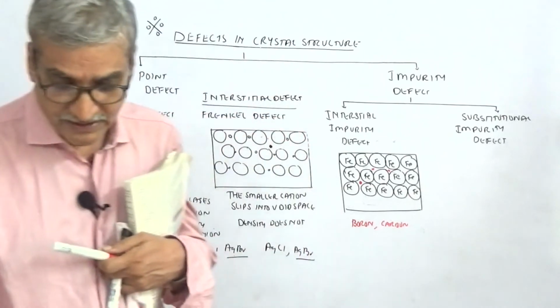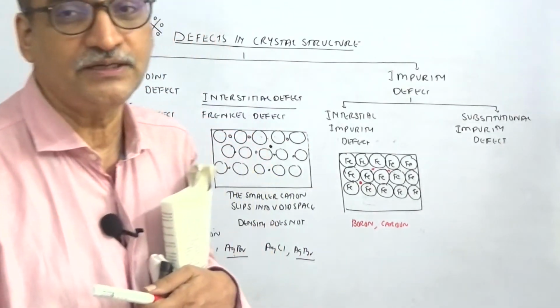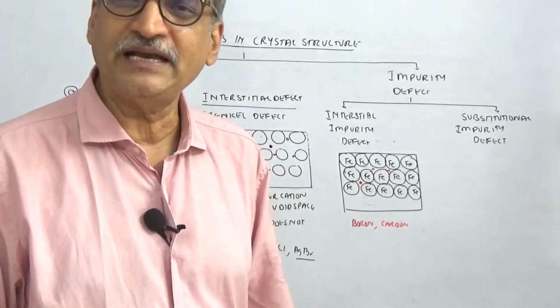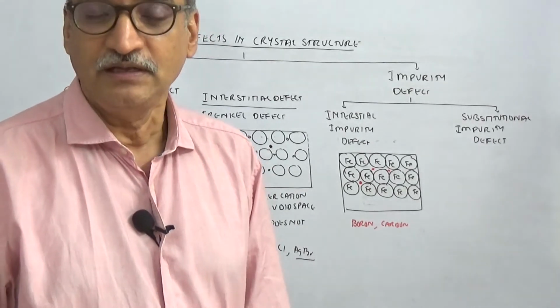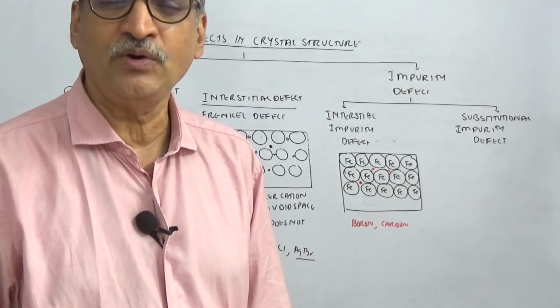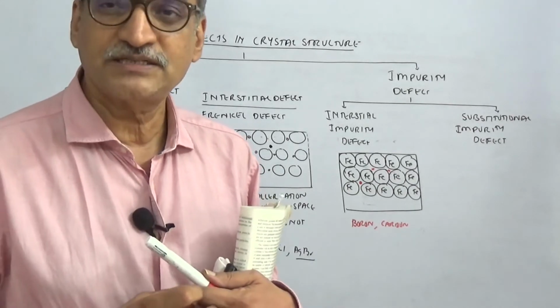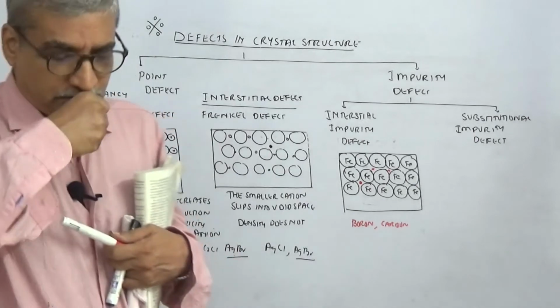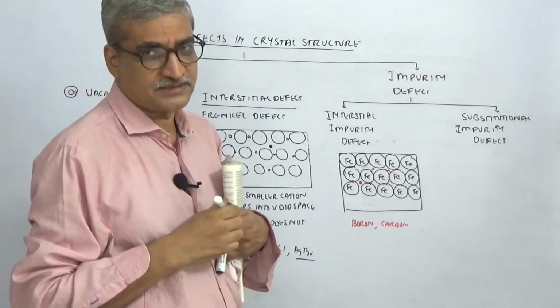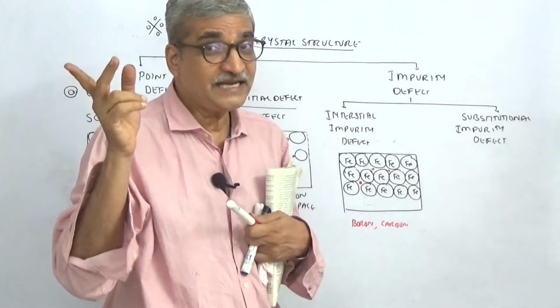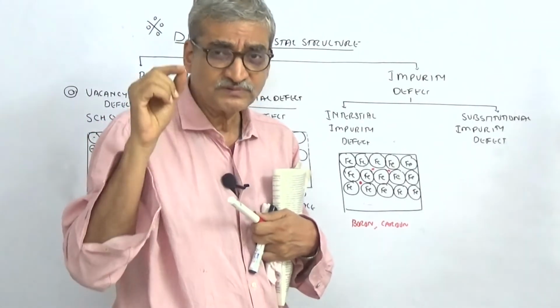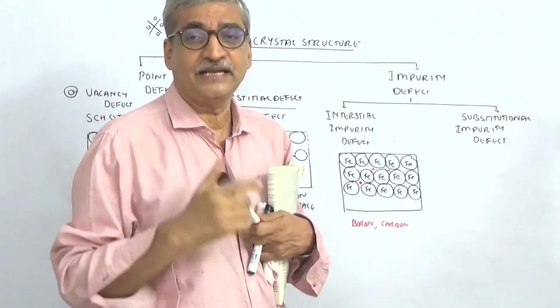What is the difference between 24 carat and 22 carat? 24 carat is 100% gold, whereas 22 carat is a small amount of copper or silver added. That means they are alloying it. They are making an alloy.